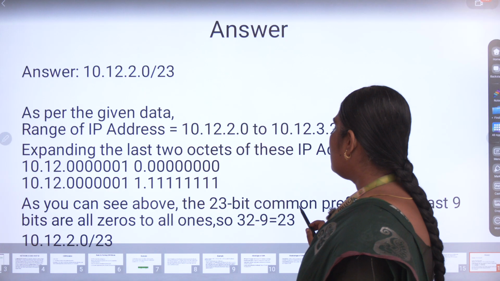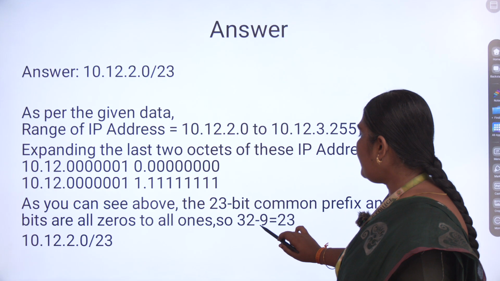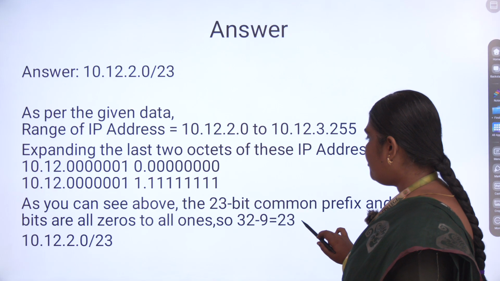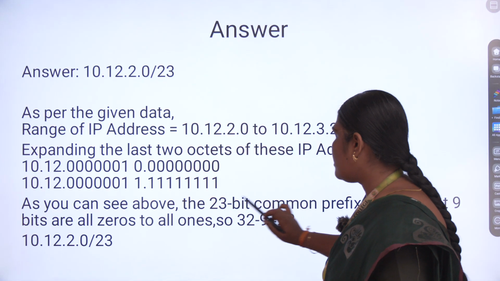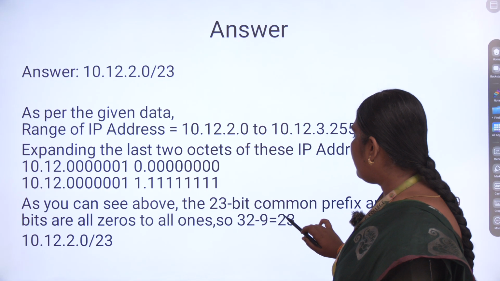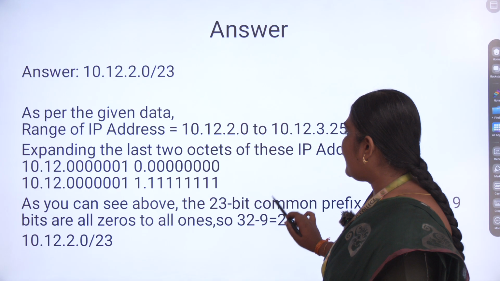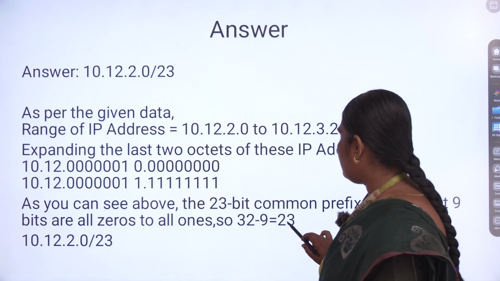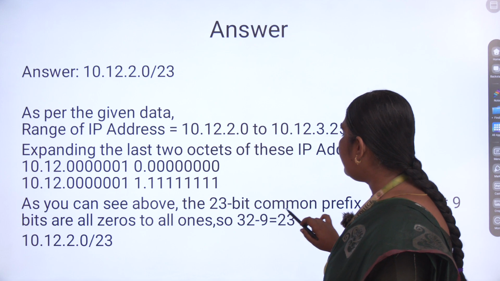So 9 host bits denote the host IDs. Subtracting that 9 from 32, we get 32 minus 9 is equal to 23. So 23 is the network ID, and 9 represents the host bits, that is 2 power 9 represents the host IDs also. So 23 bits denote the network ID.